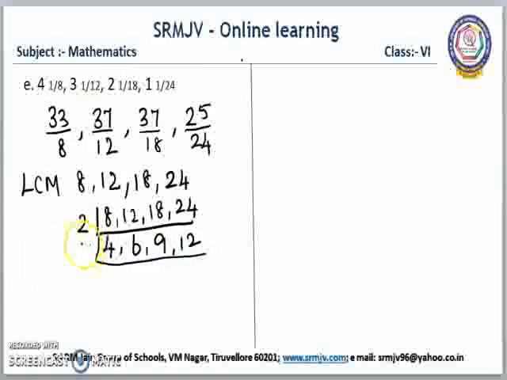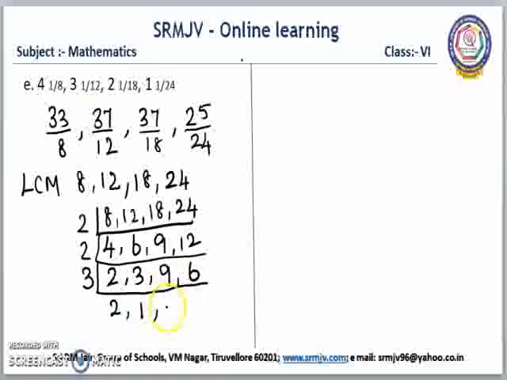Now again we are dividing the numbers by 2. So 2 times 4, 3 times 6, 9 is not divisible by 2, so we write it as it is. Then 6 times 12. Now we have to divide the numbers by 3. So 2 as it is. In 3 table 1 time. In 3 table 3 times. In 3 table 2 times.